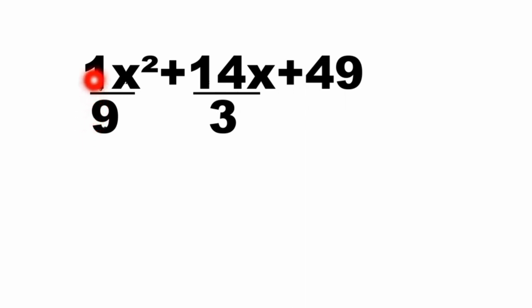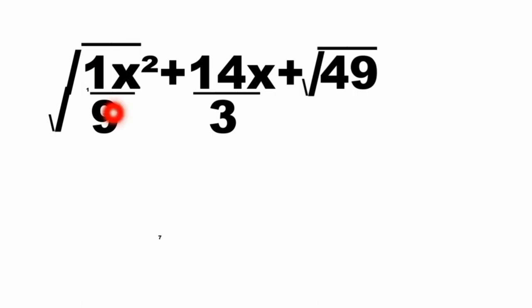We are going to get the square root not only of the numerator but also the denominator for the fractional first term, and then the last term of the trinomial. So the square root of 1x squared over 9 and the square root of 49.